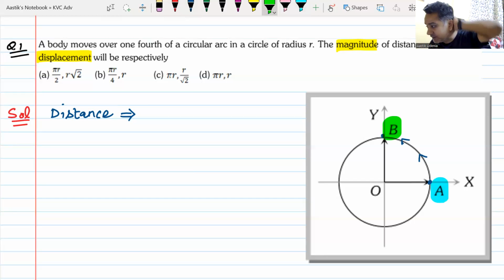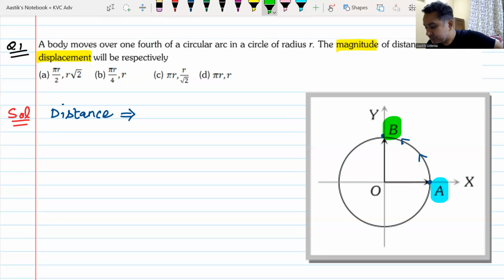What is the distance traveled? Do you know it or you don't know it? Can you tell me what is distance traveled? What is the definition of distance traveled?